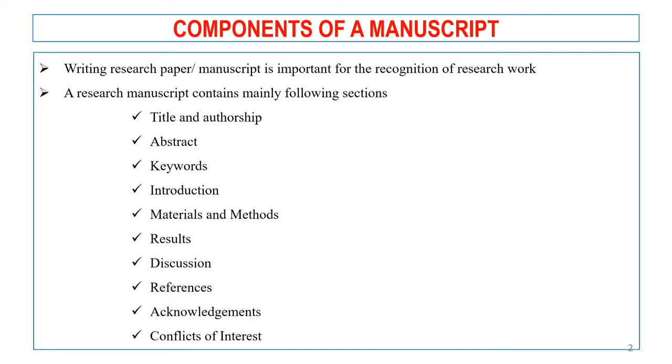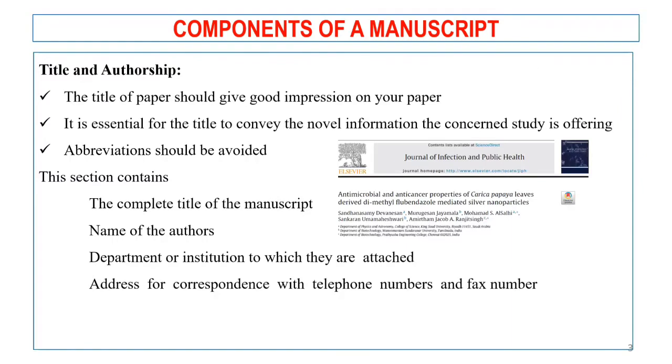These are the main sections of a research manuscript, and we will discuss each section separately in detail. Let's see the first section, that is title and authorship.